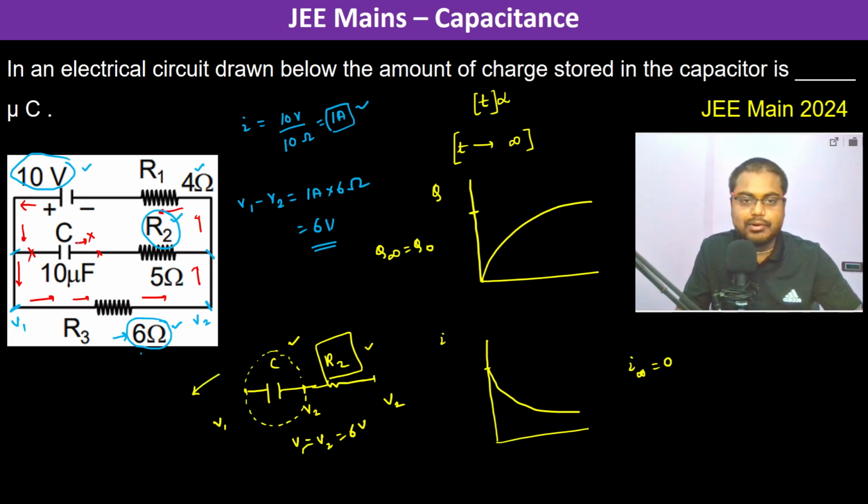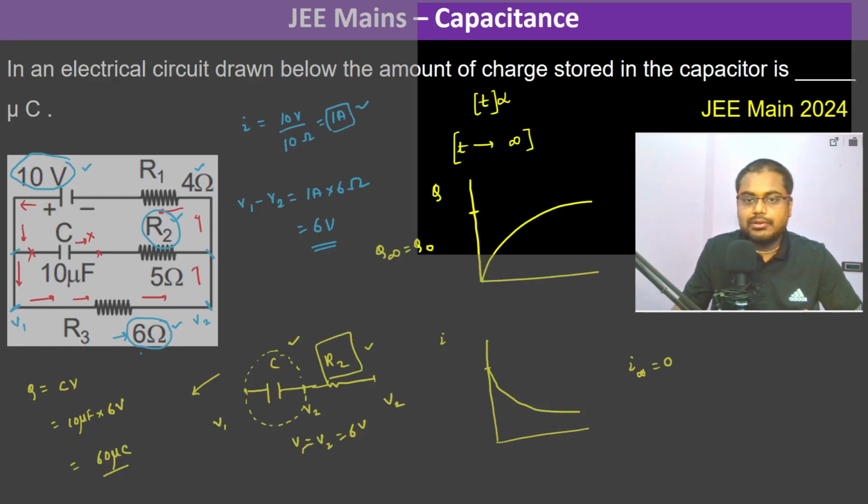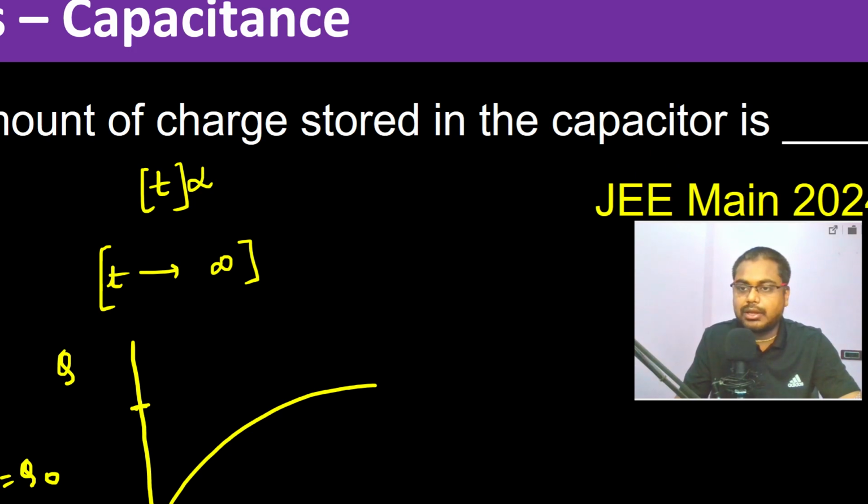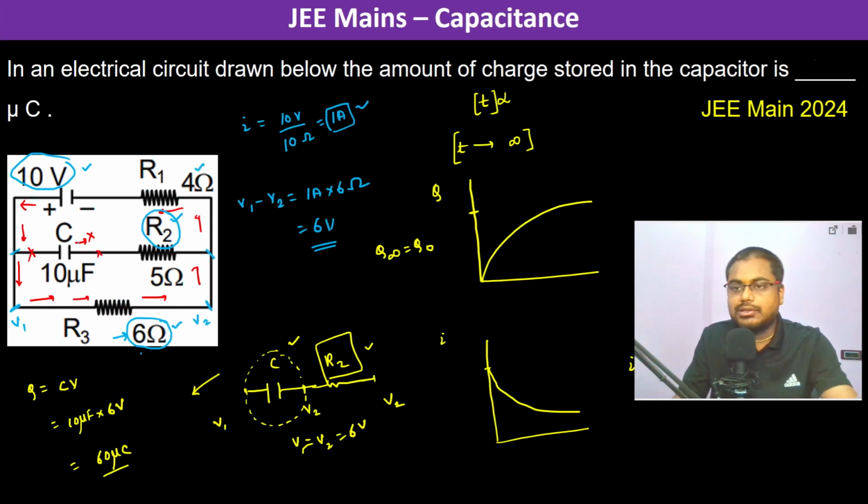The charge stored in the capacitor, Q, becomes C into V, which is 10 microfarads into 6 volts, so this becomes 60 microcoulomb. Okay, so therefore the charge stored in the capacitor is 60 microcoulomb, so 60 is the answer.